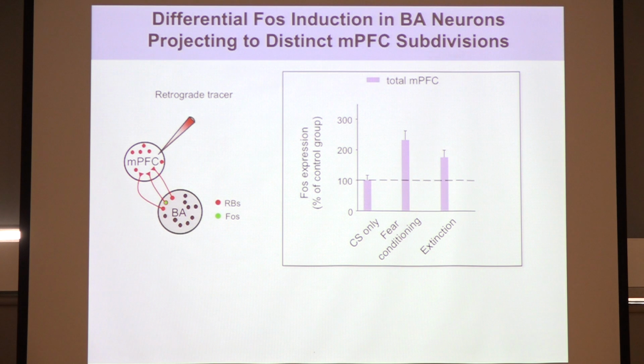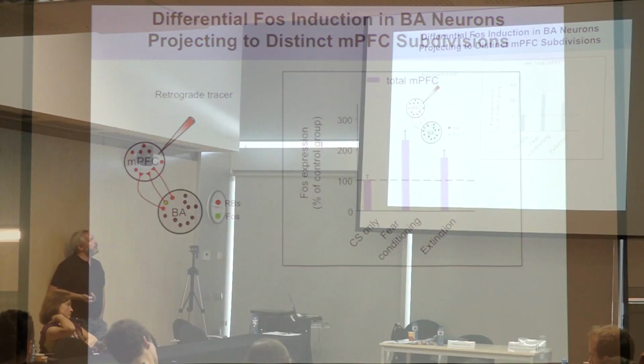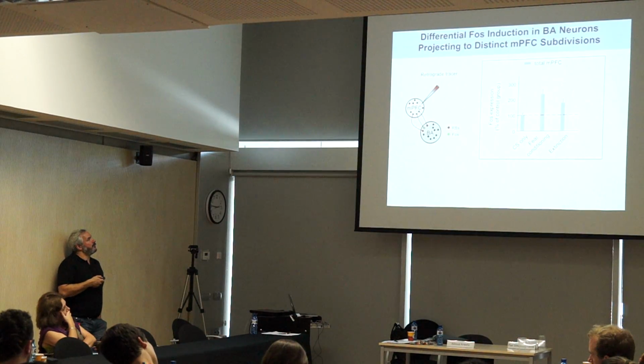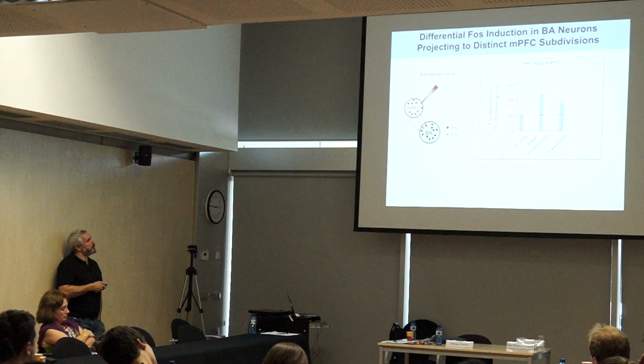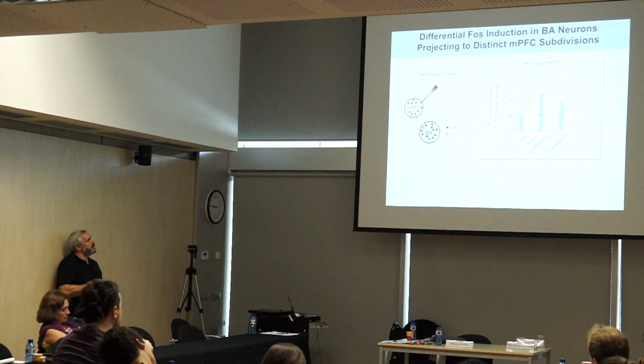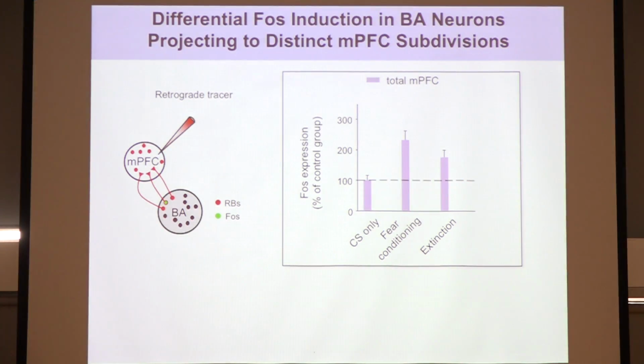So these are the results for the c-Fos experiment. Of course, we quantified the co-labeling of the retrobeads and the c-Fos, and we did that after conditioning and after extinction. First, when we evaluate the total population of prefrontal neurons, including PL and IL projecting neurons, we observe a strong c-Fos expression after conditioning and after extinction.